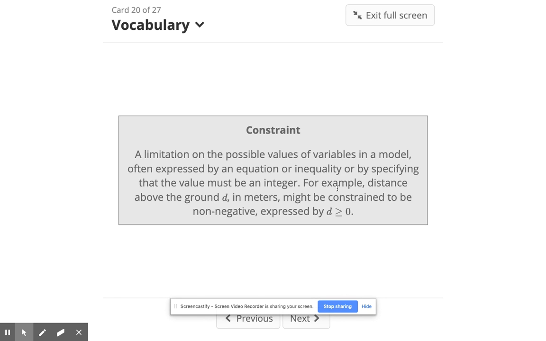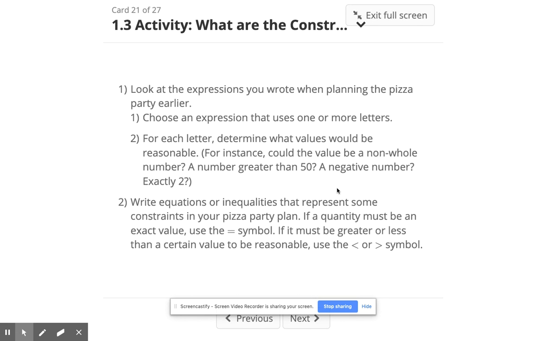It could be expressed as d is greater than or equal to 0. You are 0 meters above ground, or a half a meter above ground, or 100 meters above ground, but you cannot be -2 meters above ground. That does not make sense. So our constraint here is d has to be greater than or equal to 0.